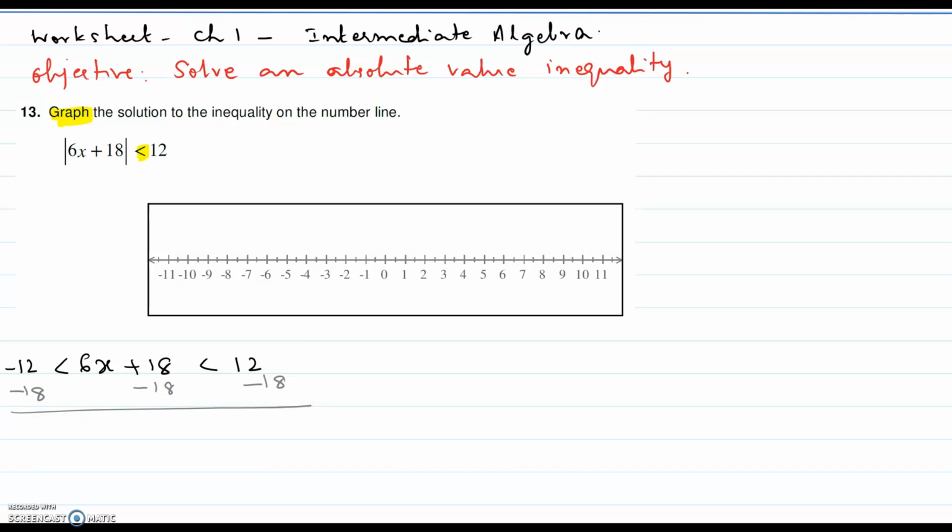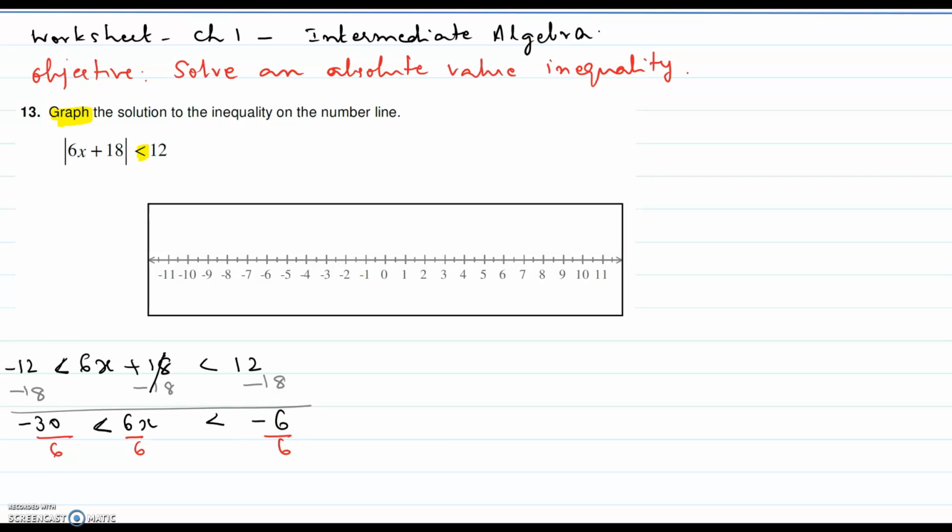That would give us negative 12 minus 18, that will be negative 30, less than 6x. Keep the less than symbol, carry that out in all steps. Less than 12 minus 18, that would be negative 6. Now we have to isolate the x, so we have to divide all sides by 6.